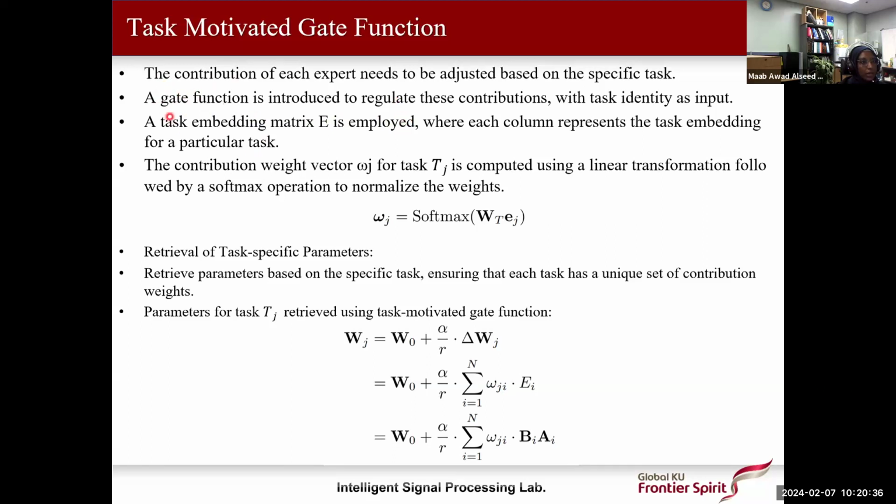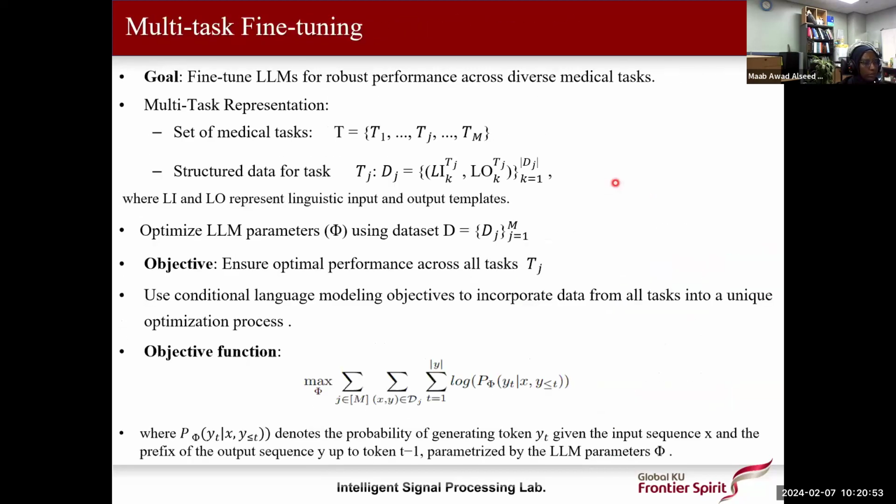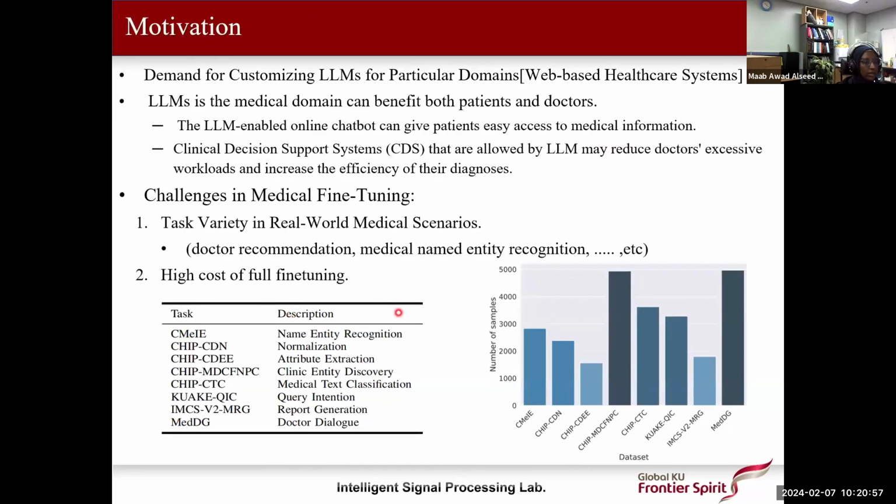The input of the gate function will be the task identity, which does not depend on the current sample, as we are already using datasets that have different tasks, with a labeled subset for each task.